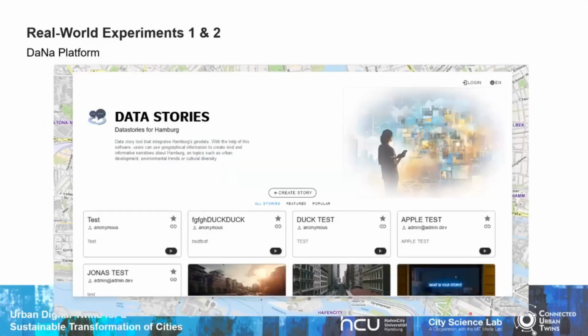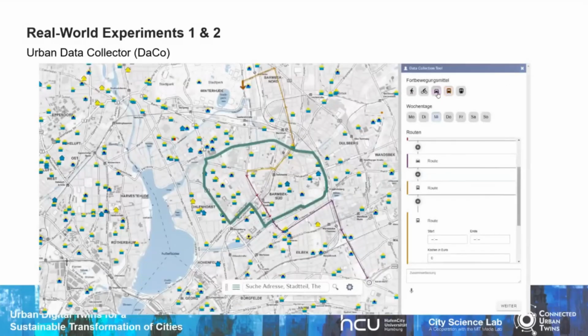So this is what we will develop further also. We are building a platform where civil society, citizens, or the administration can create their own stories.